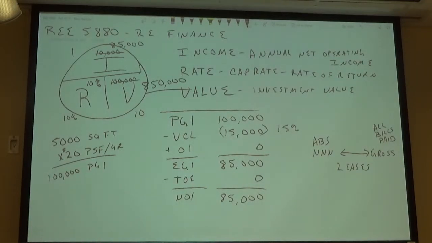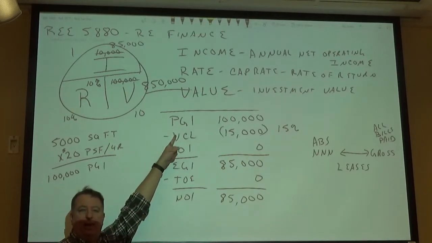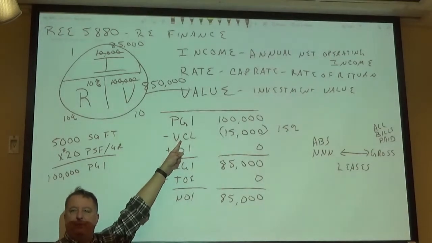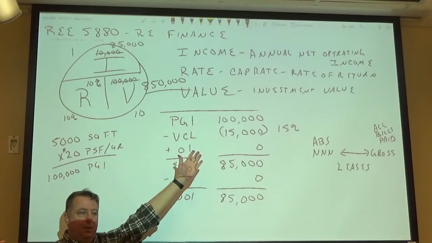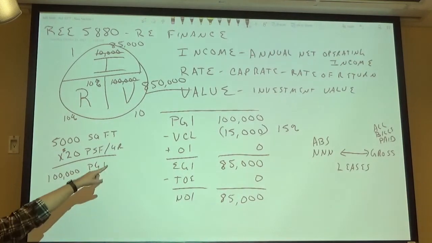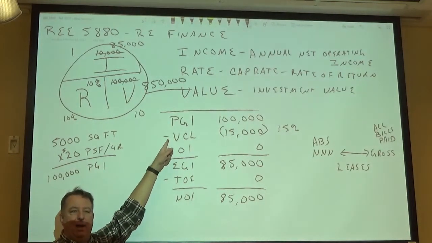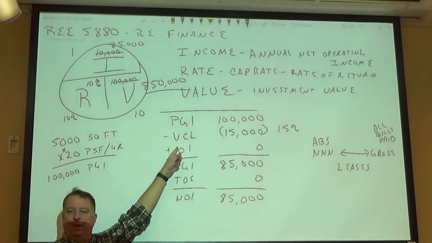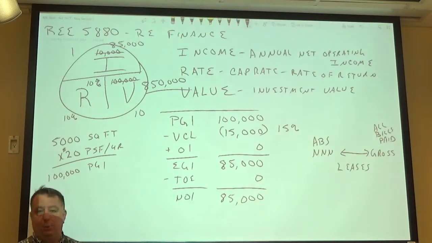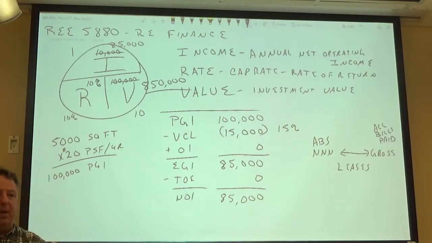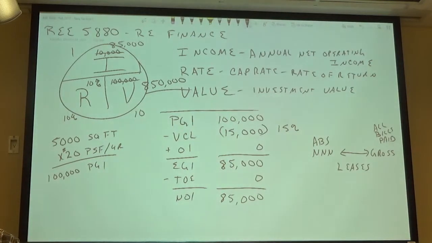So what do you want to do as the owner, investor, developer? Number one, you want to get the highest rental rate you can possibly get for the project. Yes? That seems obvious, but that's number one. Number two, you want to minimize every vacancy and collection loss, okay? Number three, you potentially want to maximize every possible other income source you can imagine to create additional value for the property.